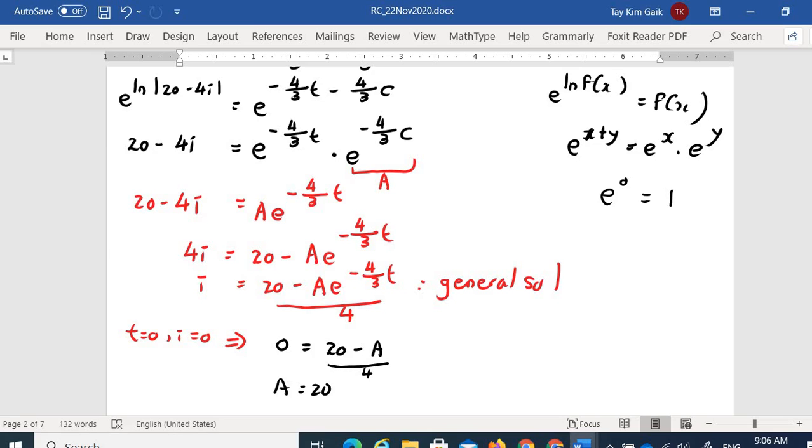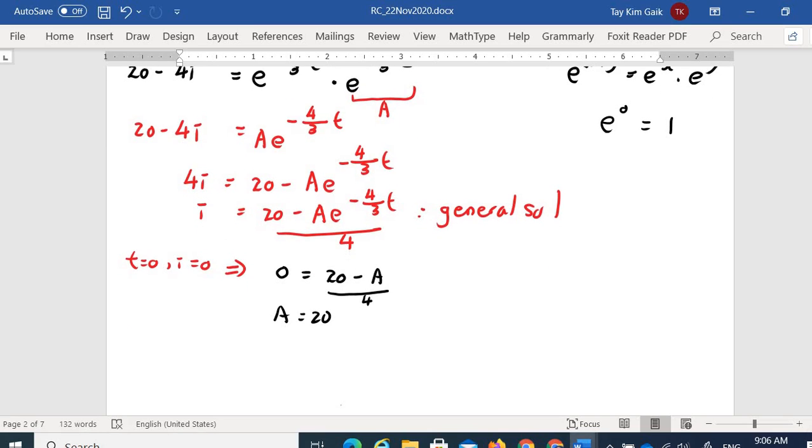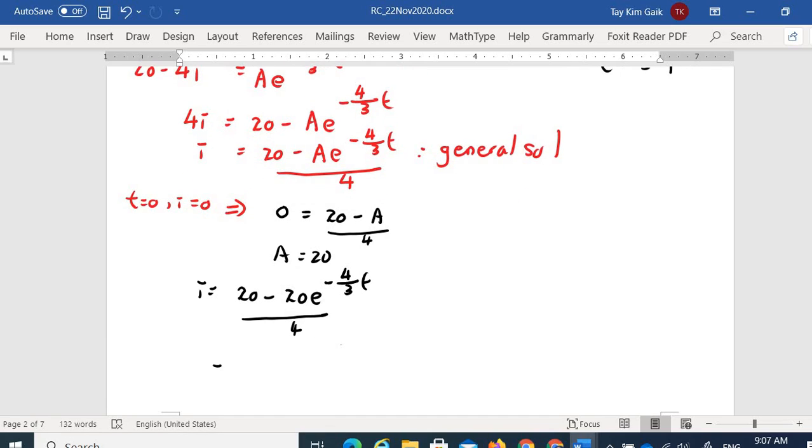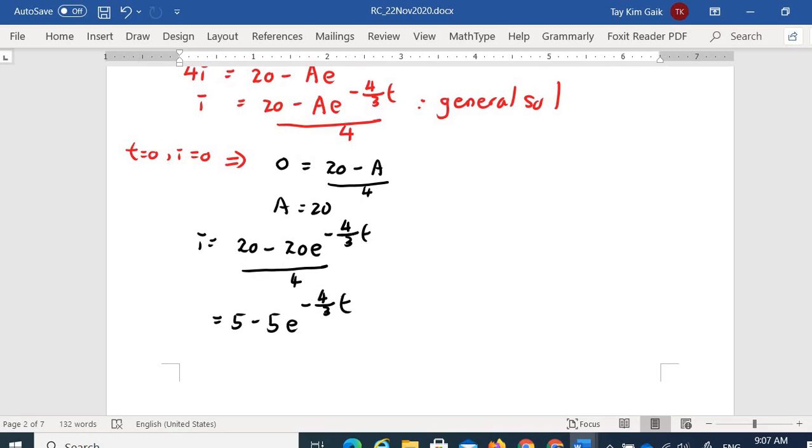Plug in a, you will get the particular solution, which is i equal to 20 minus 20 exponent negative 4 over 3 t, divided by 4. Simplify it, you will get 5 minus 5 exponent negative 4 over 3 t. You may factor out the 5: 5 times 1 minus exponent negative 4 over 3 t.